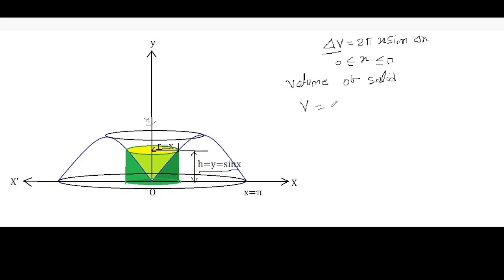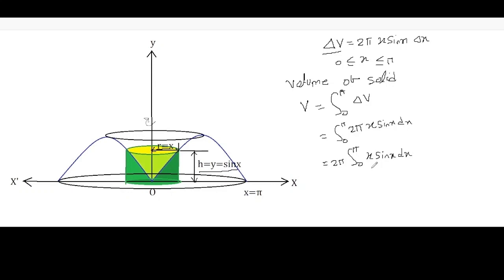The volume of the solid V is equal to the integration from 0 to pi of delta V. We have to replace delta V, and of course like before we have to replace delta x by dx. So it comes as 2 pi x sin x dx. 2 pi is a constant, so we can take the 2 pi outside the integral. It finally gives us the integral from 0 to pi of x sin x dx.